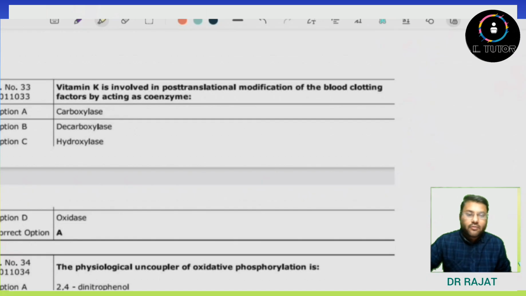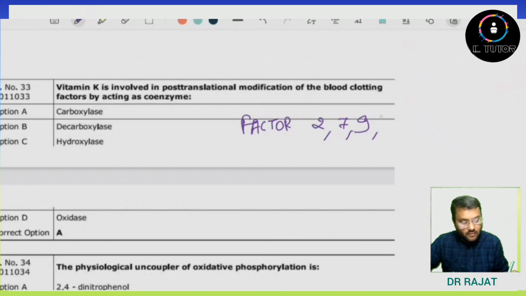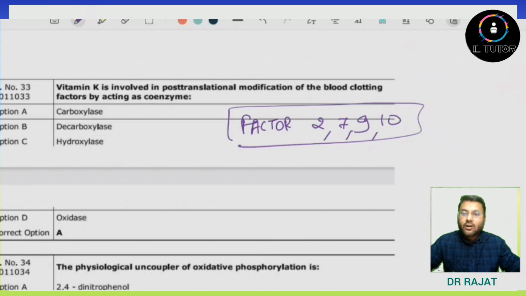Vitamin K is involved in post-translational modification of blood clotting factors by acting as a coenzyme. We know that vitamin K is responsible for the carboxylation of factors 2, 7, 9, 10. So the answer will be option A, carboxylase.